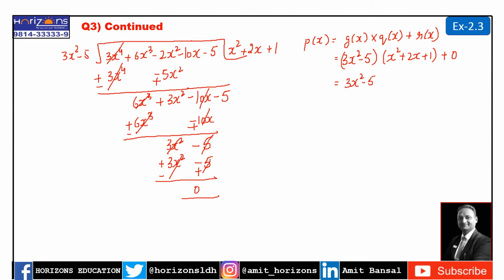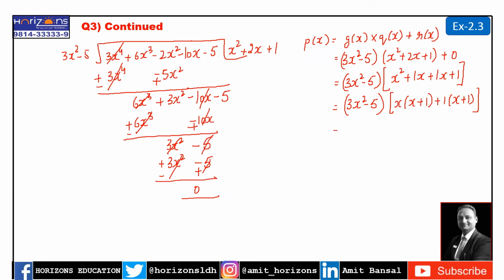Factorizing x square plus 2x plus 1, we get x square plus 1x plus 1x plus 1, taking out x as common from the first two terms and 1 common from the third and fourth term.